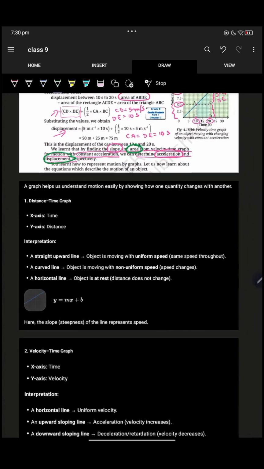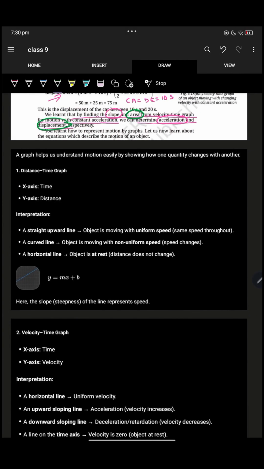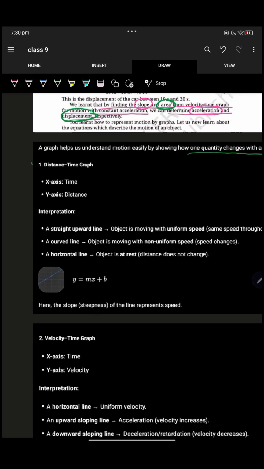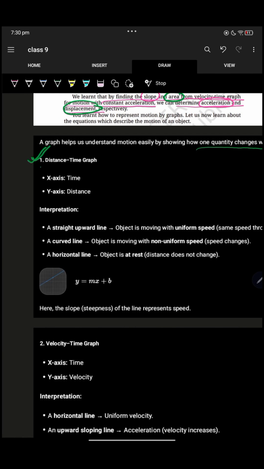So here is a summary of what you have seen. A graph helps us understand motion, yes, easily by showing how one quantity changes with the other. So we have one type of graph which is the distance time graph. This is the distance time graph. In distance time graph, in the y-axis, you have distance to be plotted and in the x-axis, you have time to be plotted.